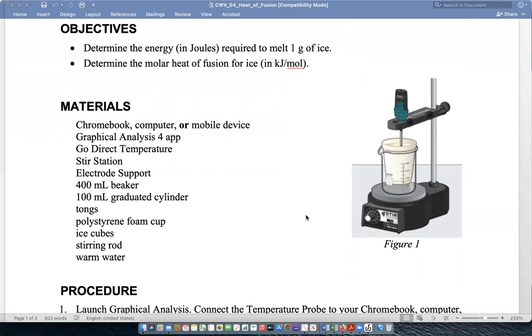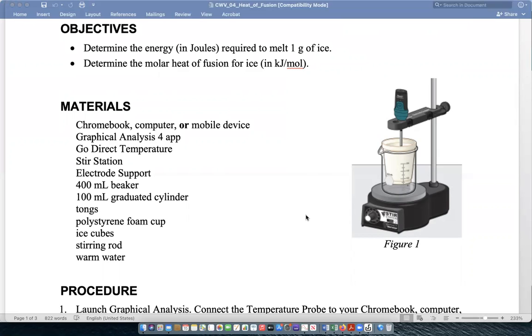The equipment we're going to be using is shown in the diagram here. Basically, that's going to be utilizing a temperature probe, a styrofoam cup, and a beaker maybe to help stabilize it, perhaps a stirring apparatus that you might have, a stir station or a magnetic stir to mix that up, or else you just have to swirl it around as the temperature is changing along the way.